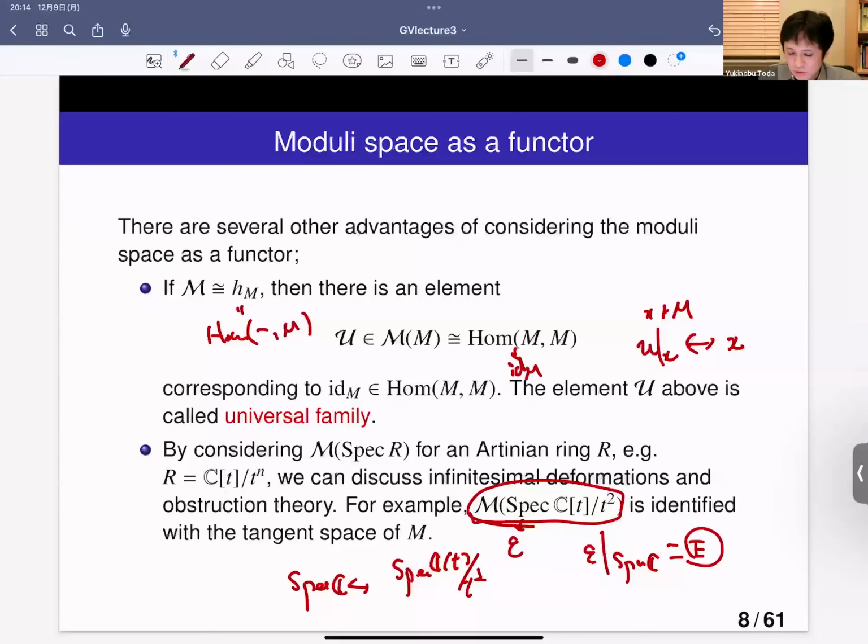The set of the image of this functor corresponds to the deformation of E to the spectrum of C[t]/(t^2), and that corresponds to this space, which is nothing but the tangent space of this moduli space at E. So this is identified with T_M at this point E.